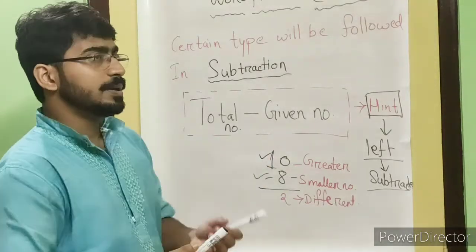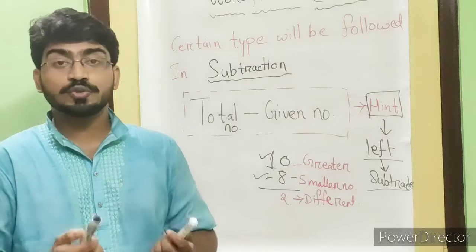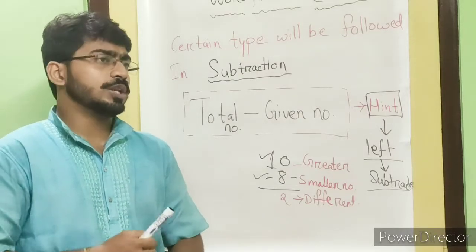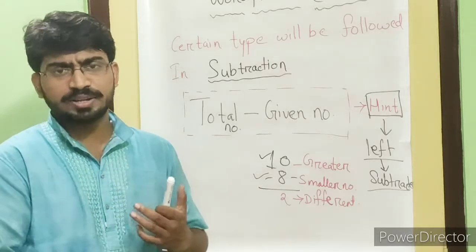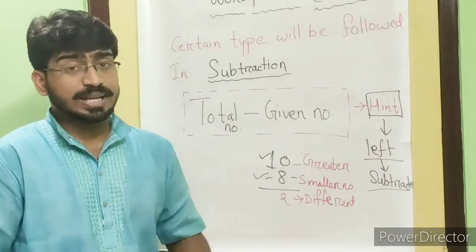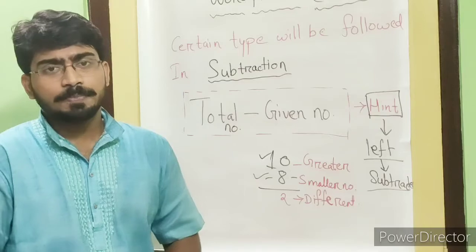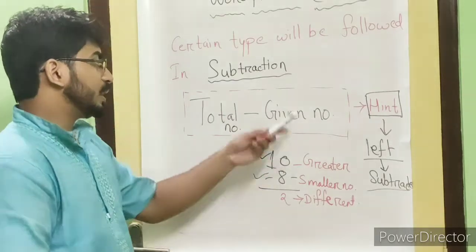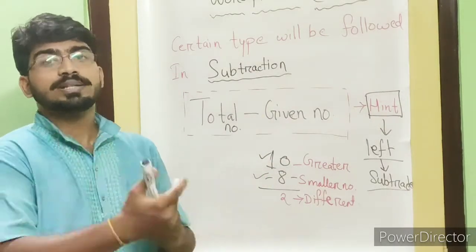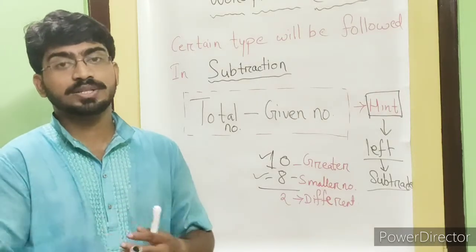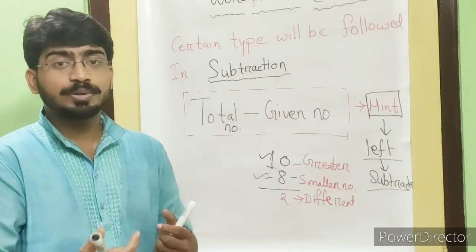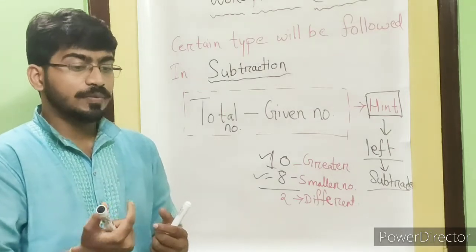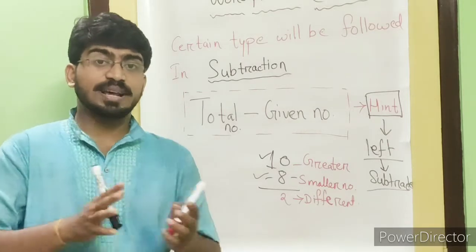This total number can be the total number of students in a particular school, total number of books in a library, total number of bulbs in a bulb factory, or total number of desks in a class. Anything can happen. Okay, and the given number, suppose from the number of students you are provided the boys, how many boys are there, or you may be provided how many desks are damaged.